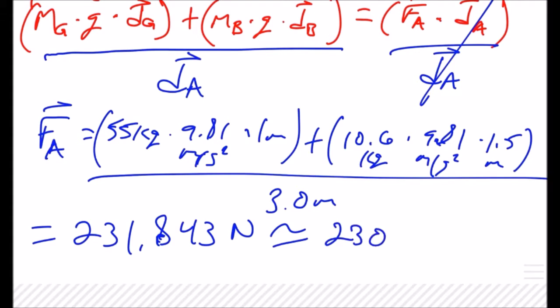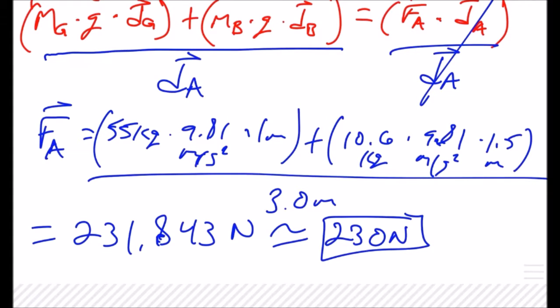Now, how many sig figs should our answer have? 2. So what would we say here? All right, cool. So that's one of them. The force generated by leg support A upward would be 230 newtons.